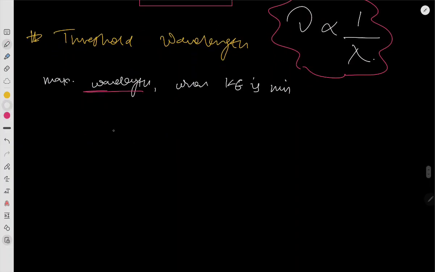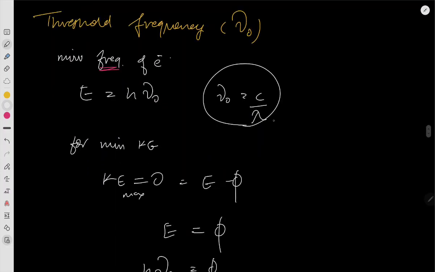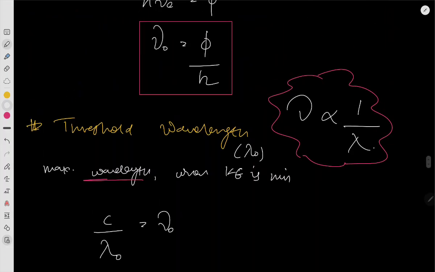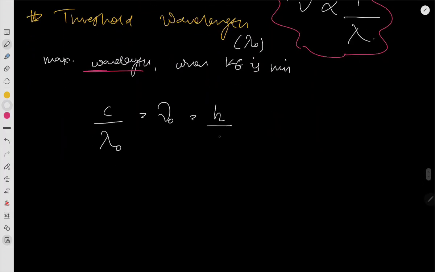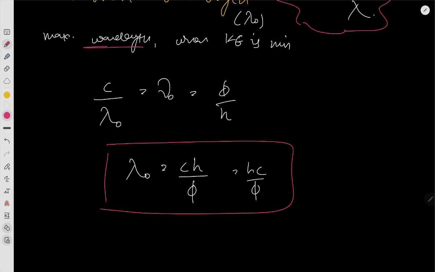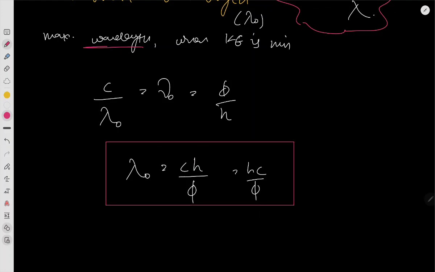So we can write nu naught as c by lambda naught, which equals phi by h. So lambda naught becomes hc by phi. The same thing after all. And this is it. We have got clear.